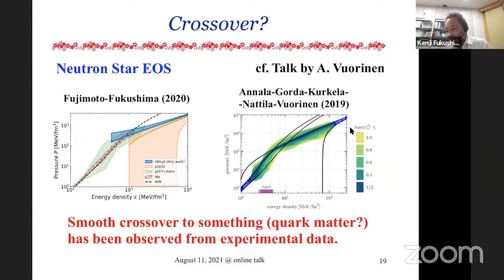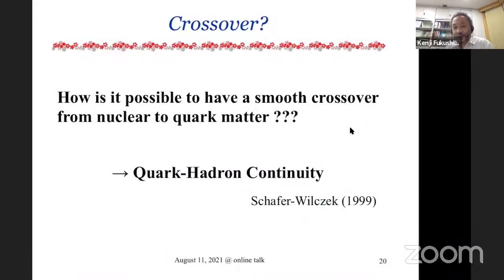Even if there is some phase transition to quark matter, there must be a smooth, continuous transition, which is called a crossover. And so the question is how such a smooth crossover is possible, and the key notion to understand this smooth transitional behavior is the duality between quark degrees of freedom and hadronic degrees of freedom.